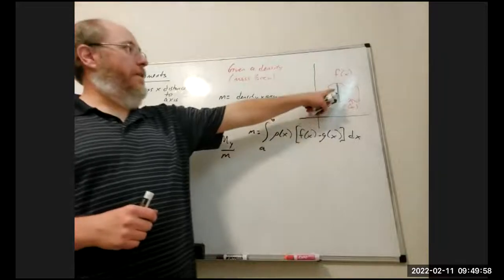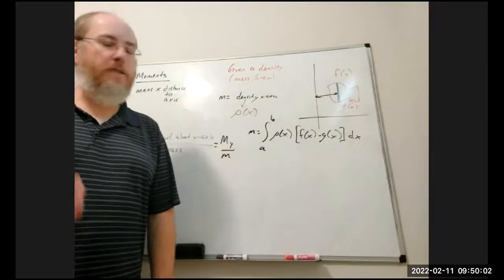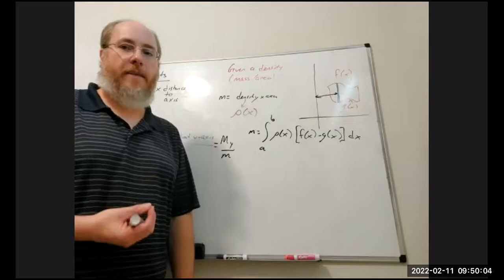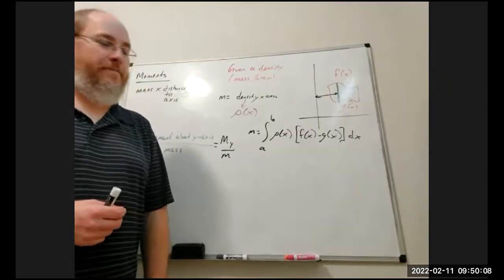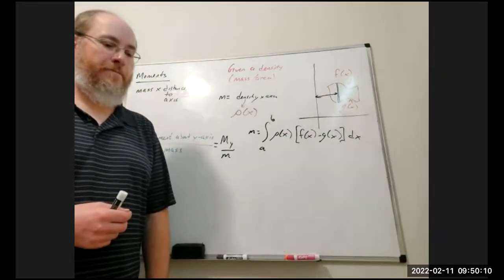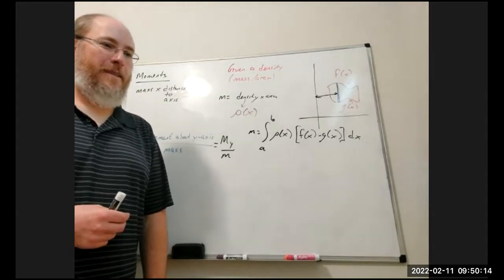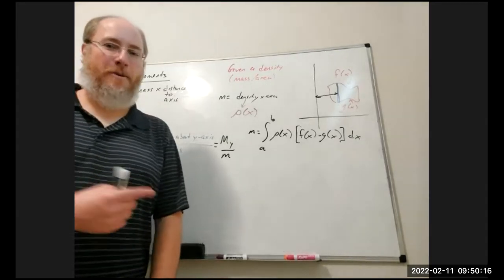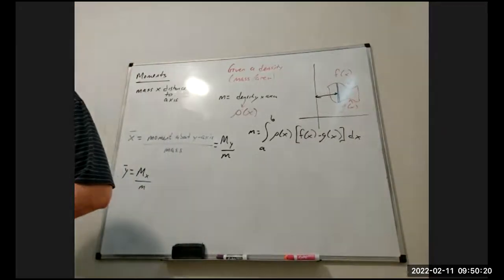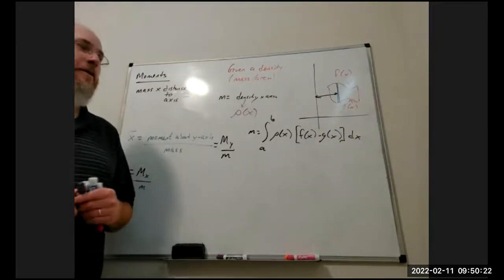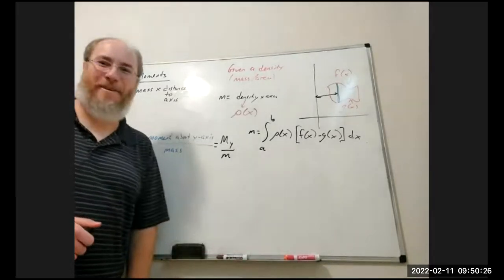So then I need to know what the mass of that strip is. So how do I calculate the mass of that strip? If I've got a density per area, what do I do with that density to find the mass? It's the same thing we did down here.